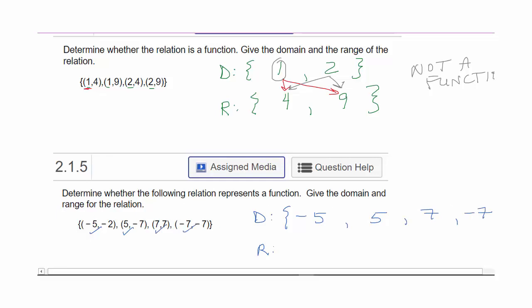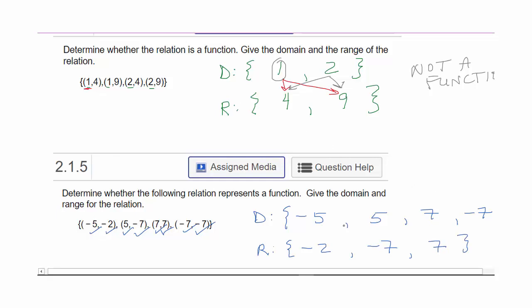Okay, that's our domain. And our range, let's see, we have -2, we have -7. Remember, you don't have to put these in any particular order. Here we have 7, and we already took care of -7, so there we go.